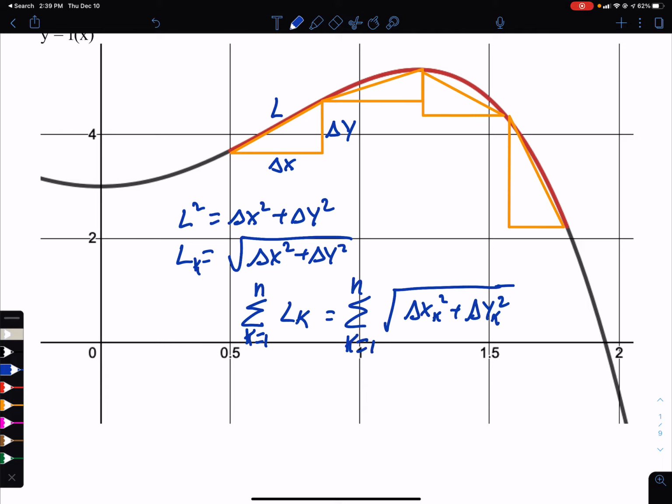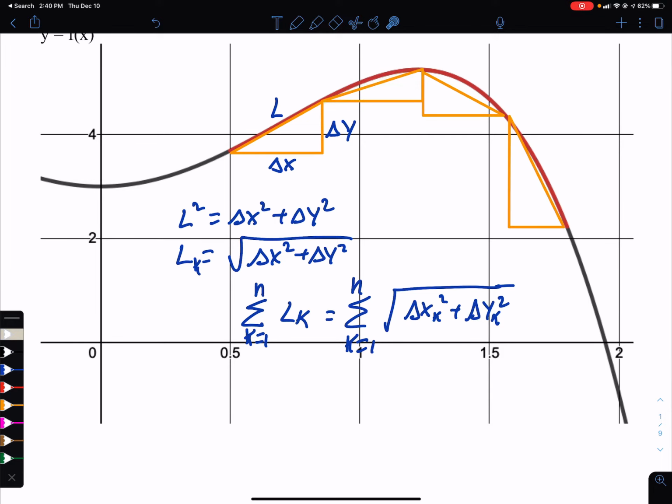Well, I can continue increasing the number of triangles, right? I think I can. But the more triangles we have, hopefully you see, the more accurate it's going to be. Because if I take a smaller triangle, if I do 2 triangles here, you see it's more accurate.